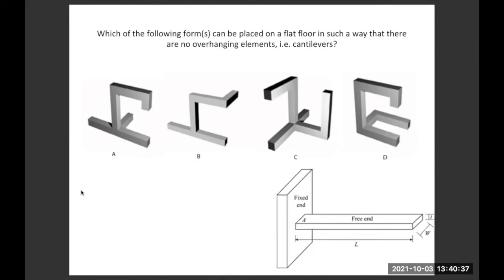Radhika, please check your answer. Vallabhi, please check your answer. Vanshi, please check your answer. Stavan, please check your answer. Okay.